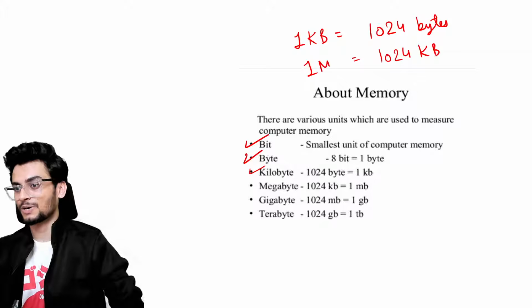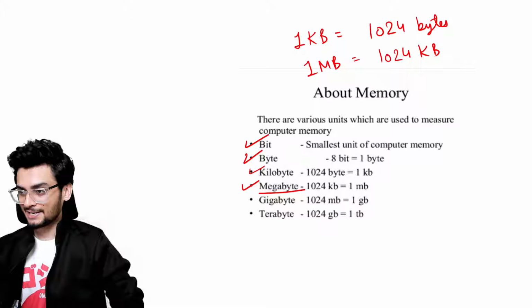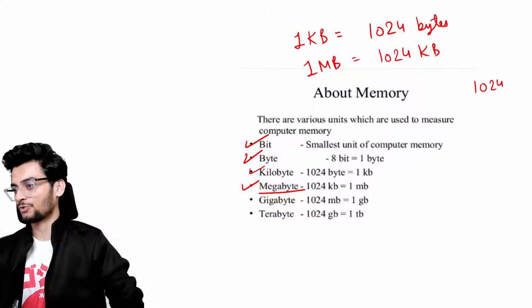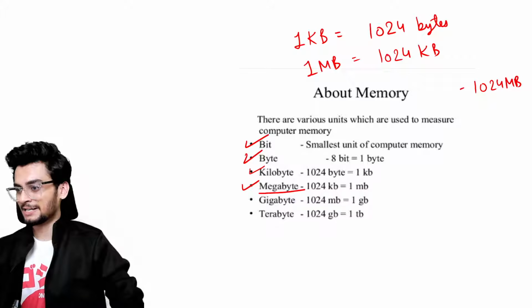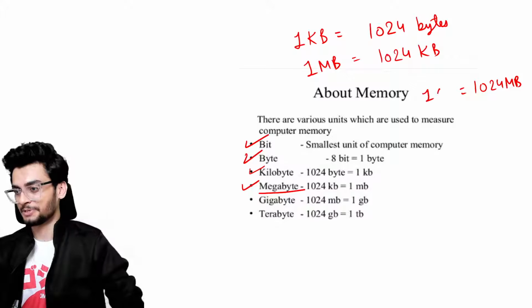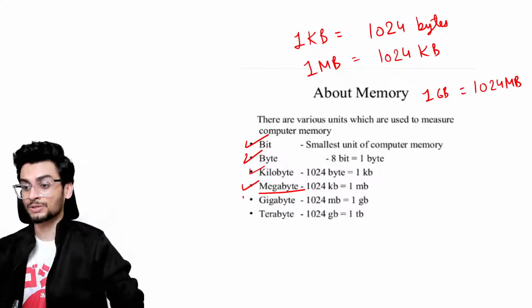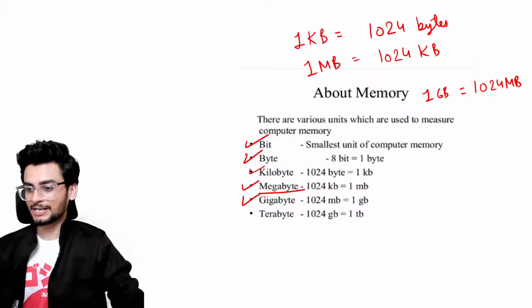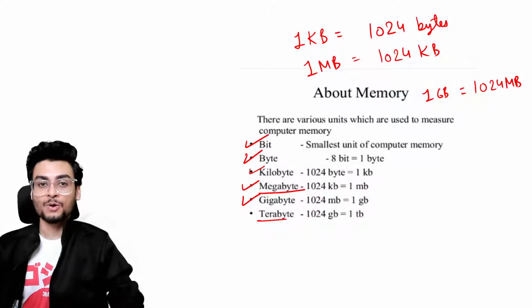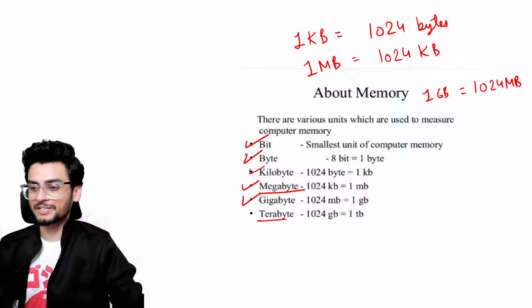So I will be writing it as 1 MB. It is known as 1 megabyte. So again, if I write 1024 megabytes, it will be written as 1 GB. It is known as 1 gigabyte. And similarly, अगर आपको terabyte लिखना है, it is 1024 times of the previous unit.